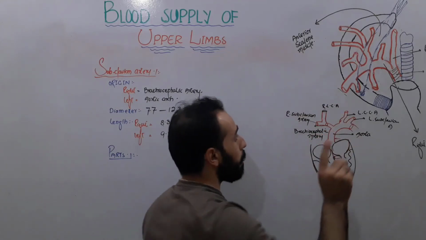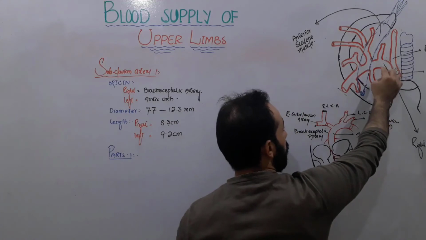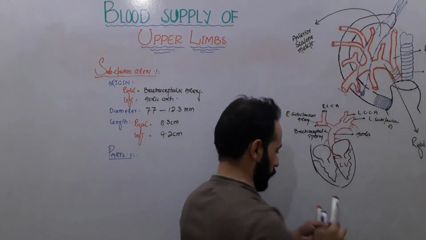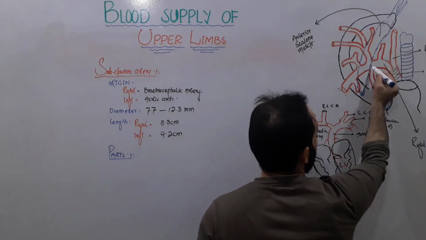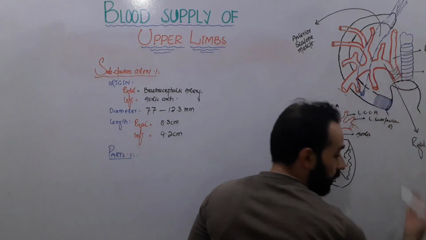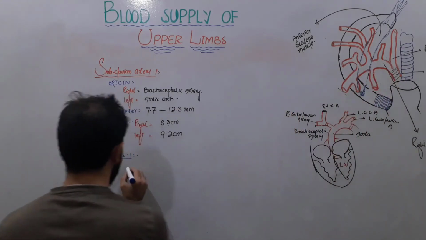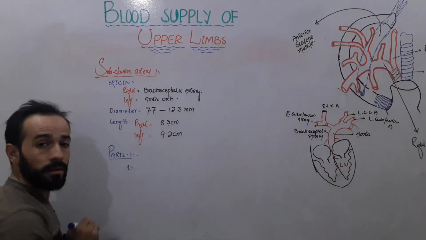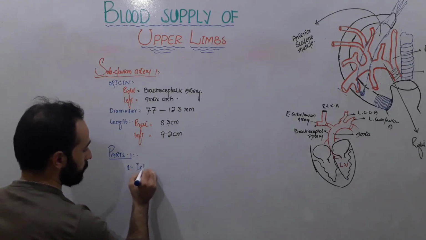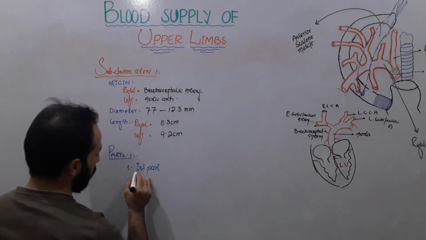Now look carefully. We can see this subclavian artery has three main regions, right? The part of the subclavian artery which is medial to, this is the midline, right, which is medial to the scalene muscle. So the first part, okay, where is the first part?